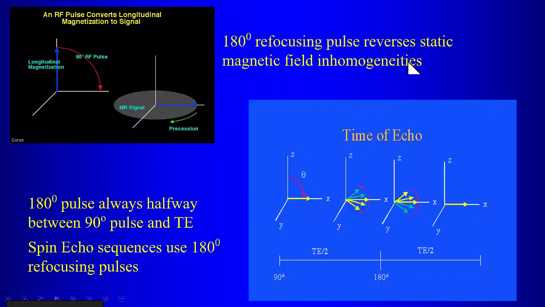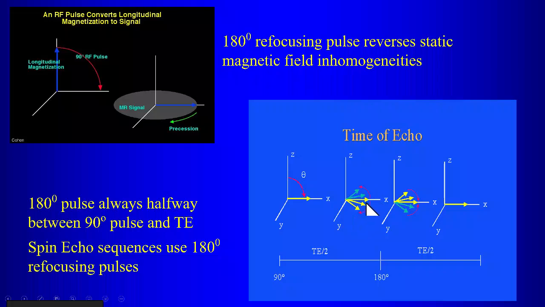So how do we reverse those extrinsic effects? Well, that's done by what's called a 180-degree refocusing pulse, and that's going to reverse the magnetic field inhomogeneity. So how does that work? We give a 90-degree pulse, all of this starts to dephase, and let's say it's going out of phase because of these extrinsic effects.